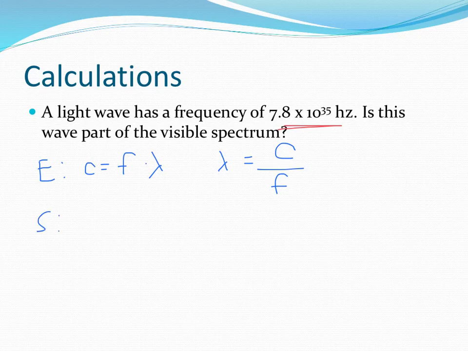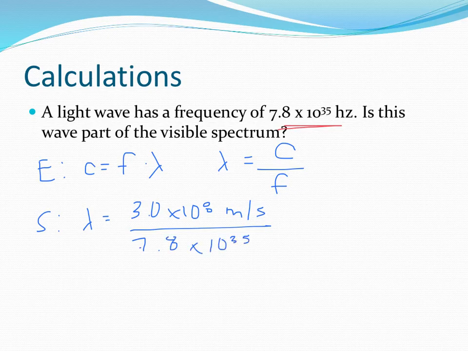Plug things in, and wavelength is equal to 3.0 times 10 to the 8th meters per second, divided by 7.8 times 10 to the 35th hertz, which will give you 3.84, let's stop at 8 because of sig figs, 3.8 times 10 to the negative 28th.